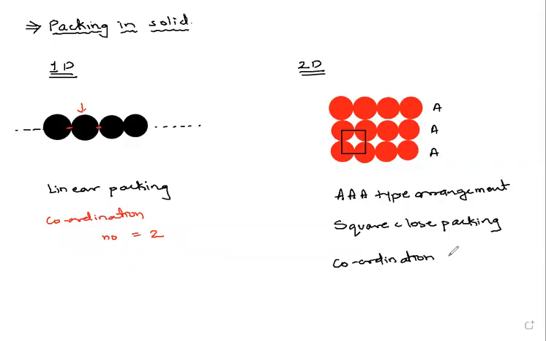It will be 4. How do we find out? Check. This is one sphere, second sphere, third and fourth, correct? So 4 spheres are in contact with this atom. So it is called coordination number 4.